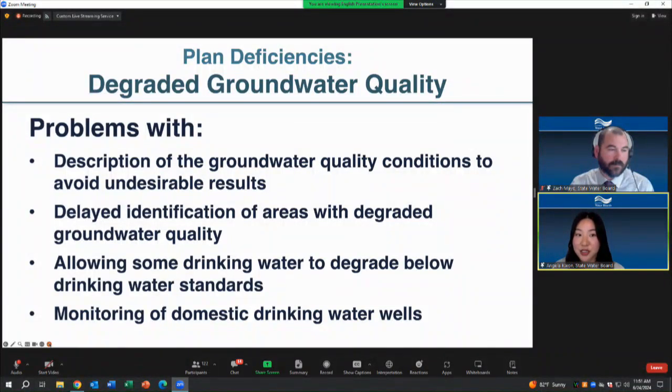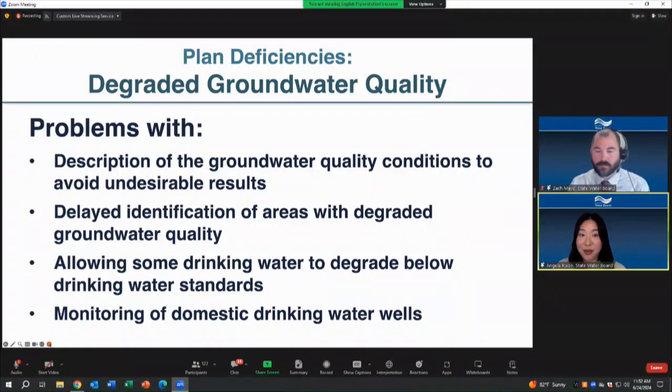The 2022 plans use a 10-year running average to track groundwater quality constituent exceedances, and board staff note that using a 10-year running average may allow for drinking water to degrade substantially below drinking water standards before being considered an undesirable result.